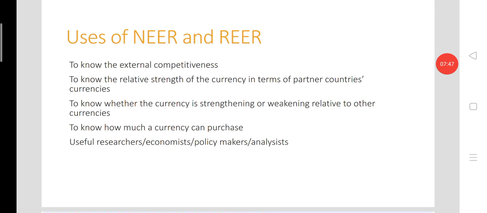Then why are NEER and REER calculated? Isn't the nominal exchange rate enough? The nominal exchange rate isn't enough. It is just to know the rate of exchange, but we will know the effective exchange rate only when we calculate NEER and REER.